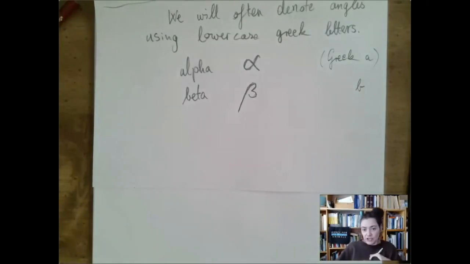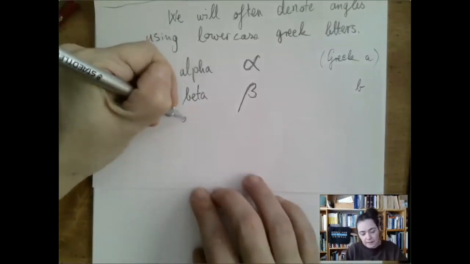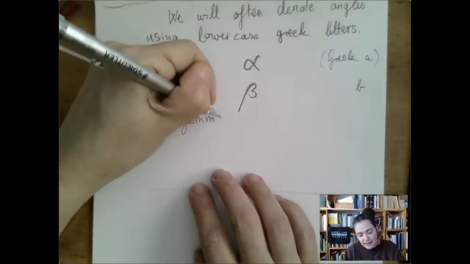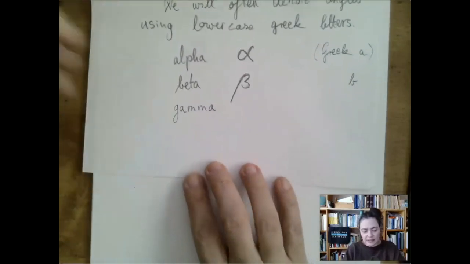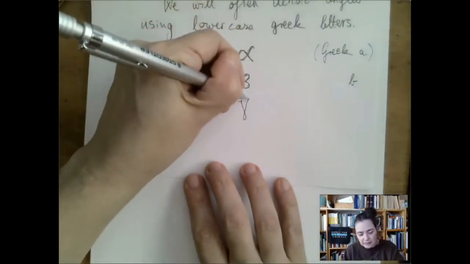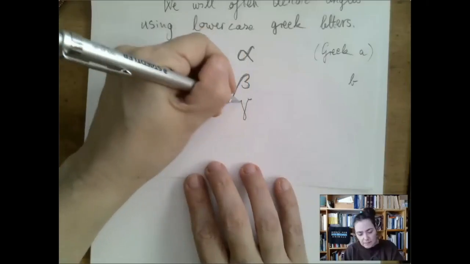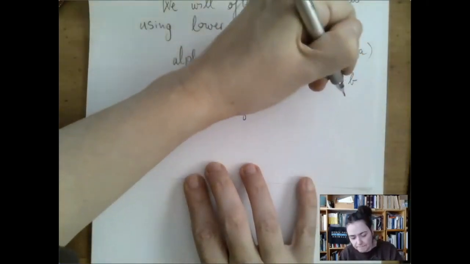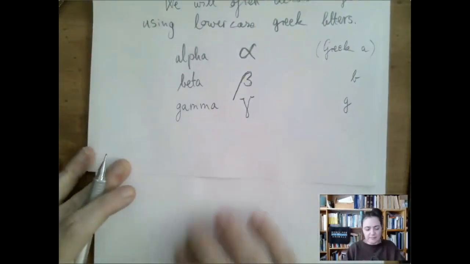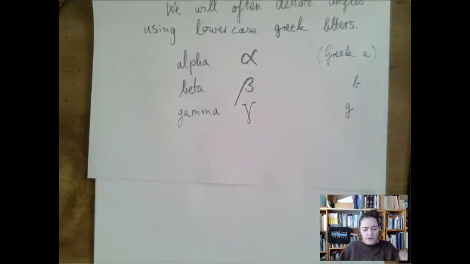They jumped to the letter G, which is gamma. And gamma is kind of fun. It looks like the number 8 after some sort of an accident. This is the letter G, but that's a well-kept secret.